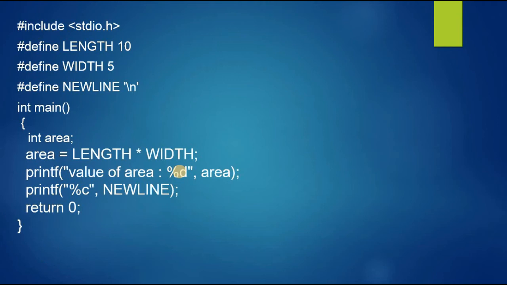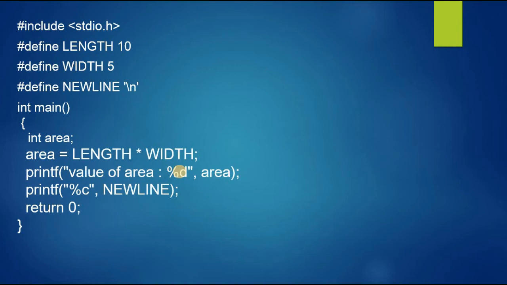Then we write our main function, int main. Inside that we declare area as an integer variable, and area is equal to length into width. Then we print the result for area, then printf newline, and return the value 0.